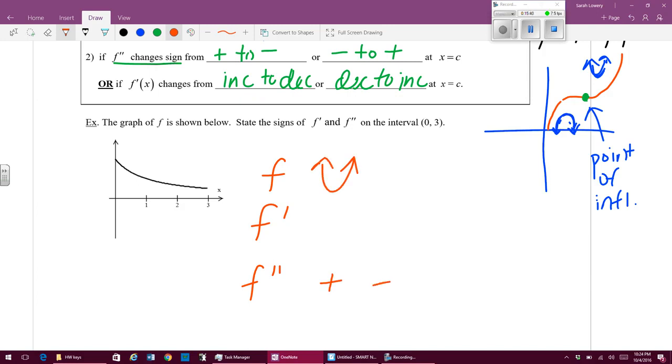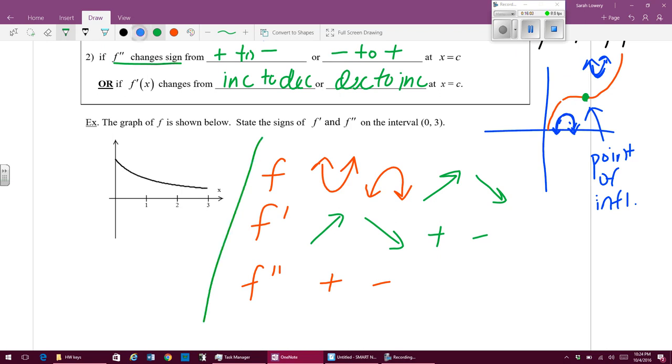If f double prime is negative, f is concave down. But it also tells me that this is increasing and decreasing. I then also know that if f prime is positive, my function is increasing, and if f prime is negative, my function is decreasing.